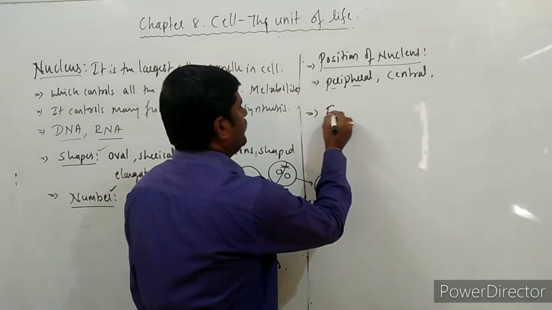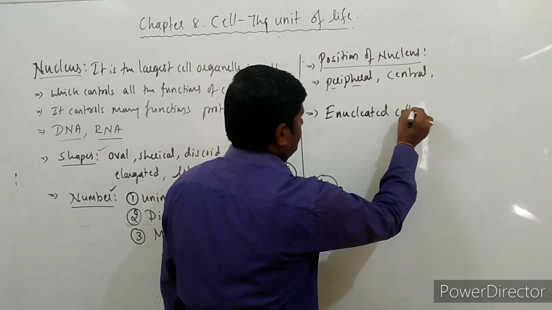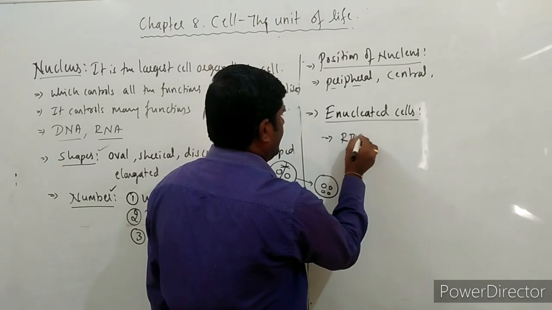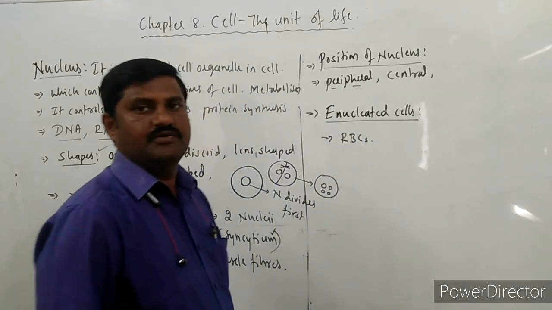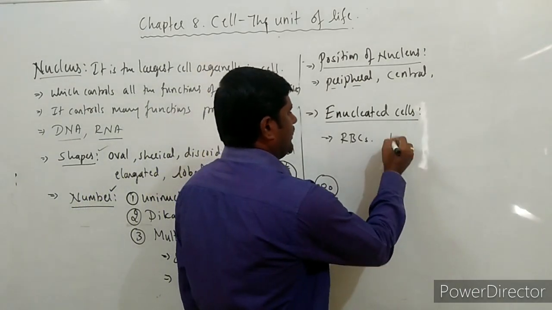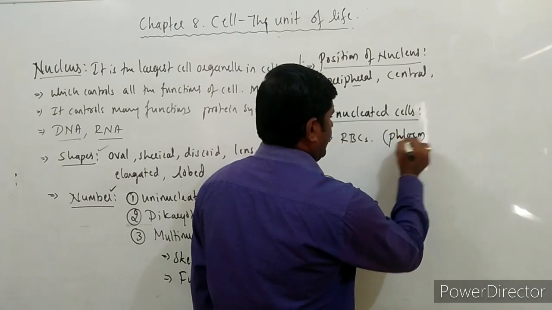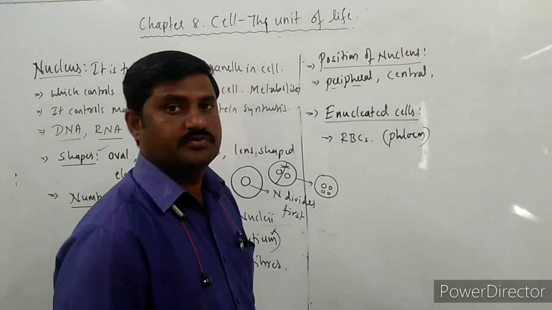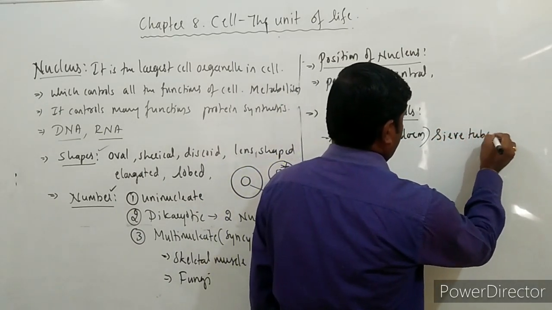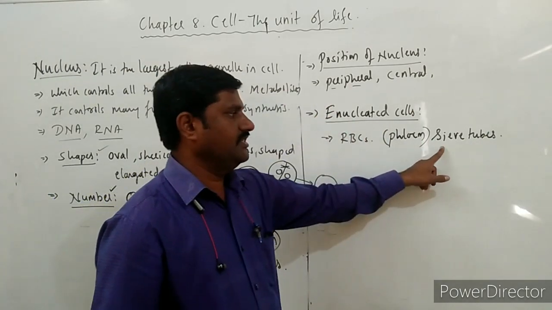And enucleated cells. Enucleated cells, especially mature RBCs, do not have any nucleus within themselves. And in case of phloem, there are sieve tubes. Sieve tubes do not have any nucleus within them.